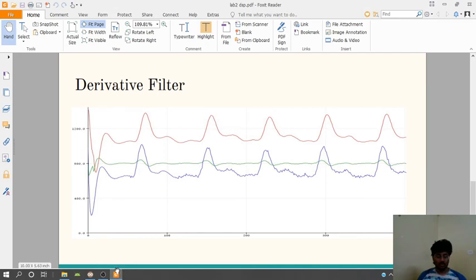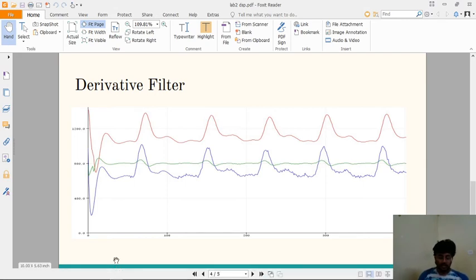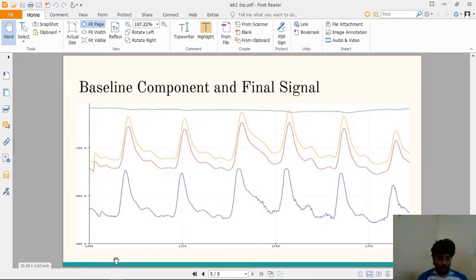Next, coming to the baseline drift component. Generally, the baseline drift component is the signal caused by external disturbance measured by the sensor during its activity. In order to extract this component, we must apply a moving average filter with a very large number of samples.